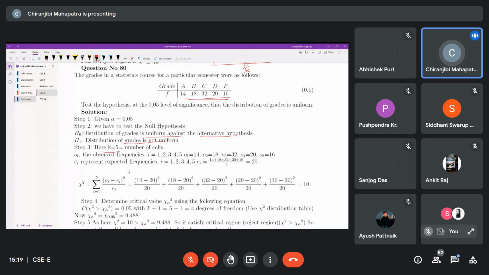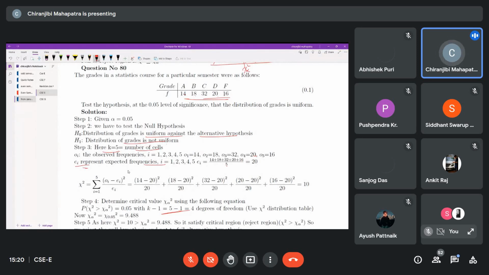So here k equals 5, the number of cells. So the degrees of freedom is 5 minus 1. Okay, so what will the expected frequency be? Expected frequency equals 14 plus 18 up to 16, add them and divide by 5, since there are 5 elements.